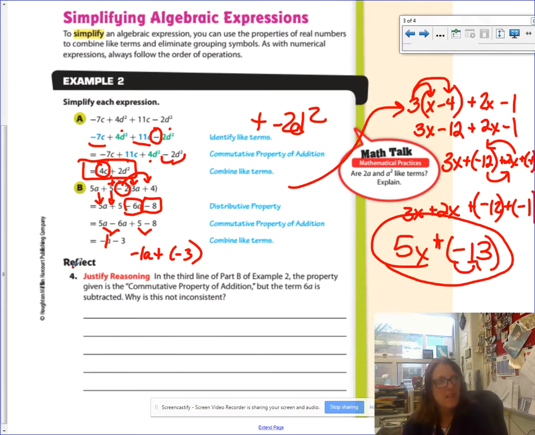Okay? In fact, they talk about this in question number 4. It says the property given is commutative property of addition, but this is really subtraction. Why is this not inconsistent? Or in other words, why is this okay? Because subtraction is adding the opposite.